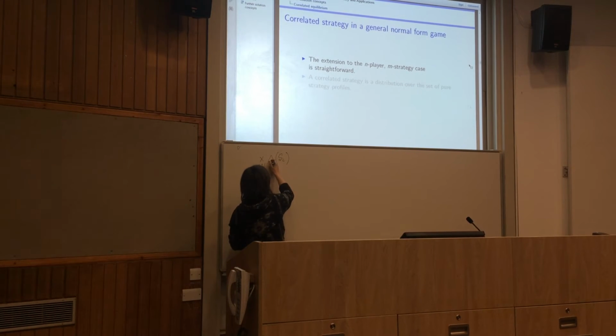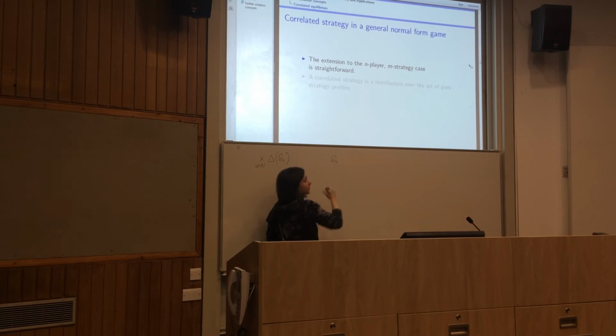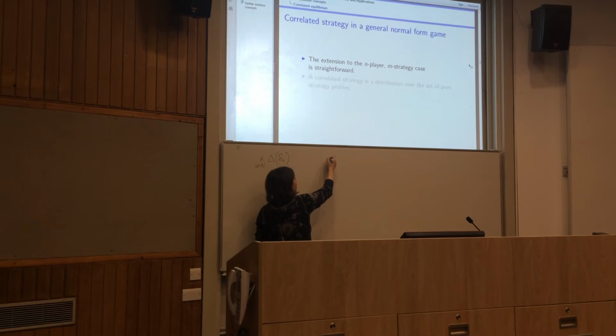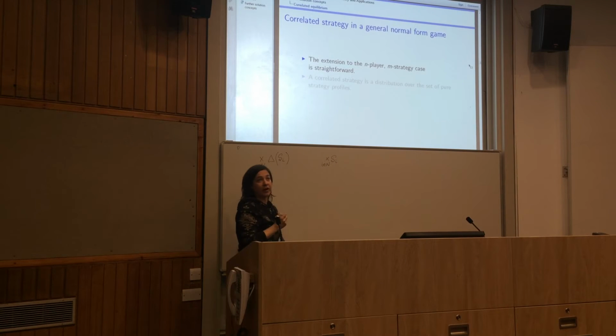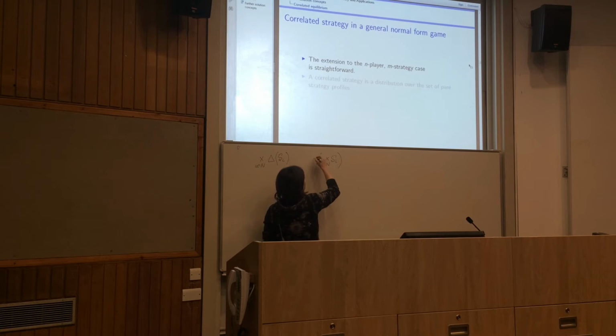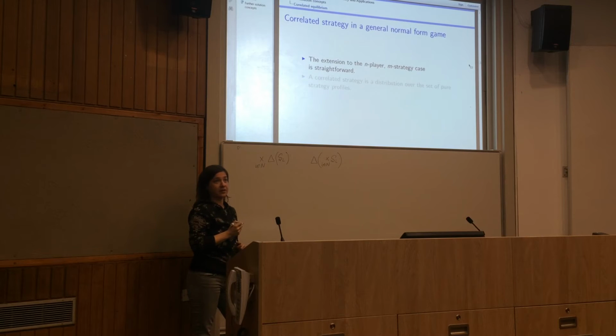Now what happens in correlated strategies? So we have the set of pure strategies for all of the players. The combination of all of them would give us a pure strategy profile. So that's the set of all pure strategy profiles. And now we take a probability distribution over the set of profiles instead.